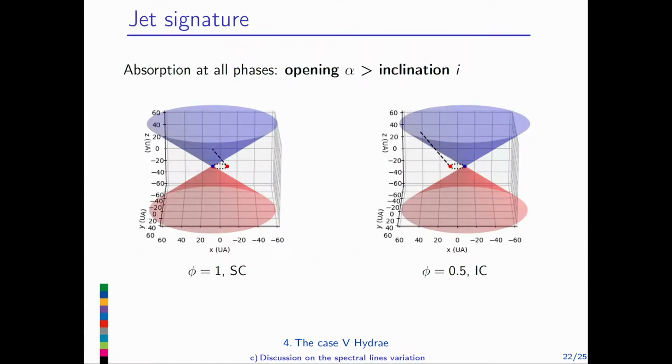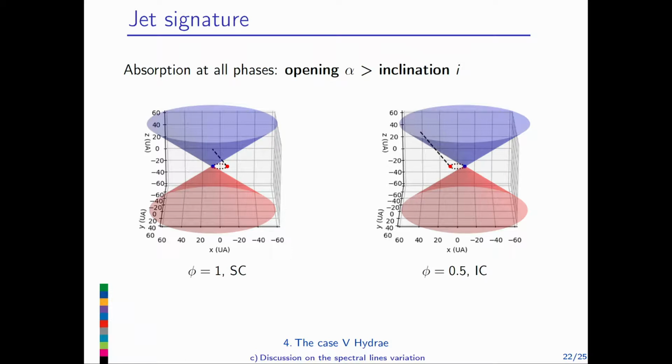So a first conclusion that we can draw is that the opening angle of the jet must be larger than the inclination with respect to the orbital system in order to obscure at the superior conjunction, so when V Hydrae is behind the companion, but also at the inferior conjunction when V Hydrae is in front of the companion.